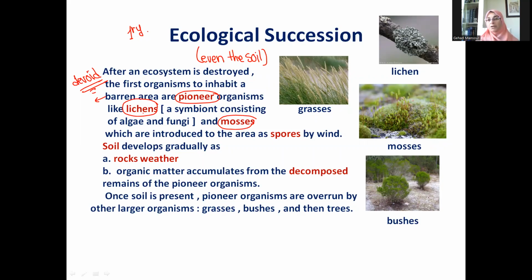So what are the lichens? The lichens are symbionts, meaning that they represent a relationship between two organisms that are algae and fungi. Is this symbiosis important?